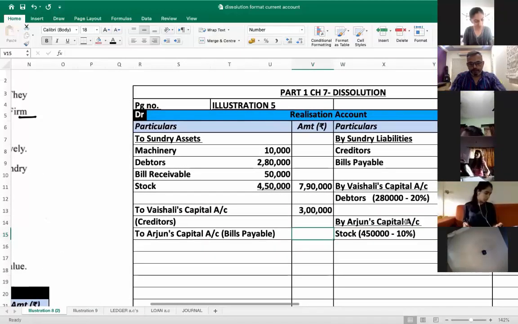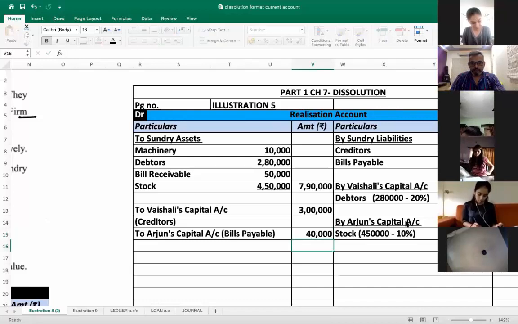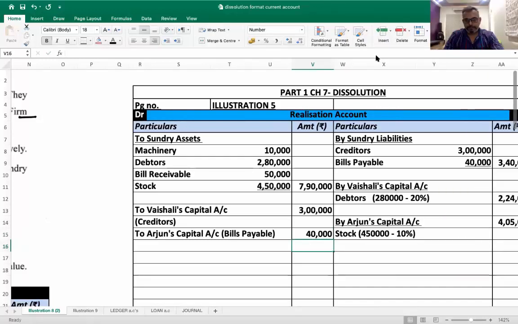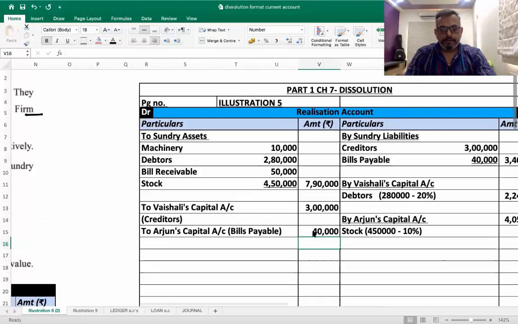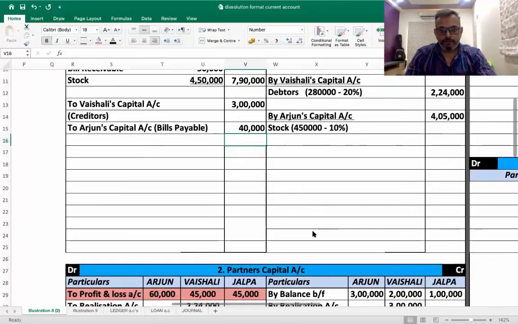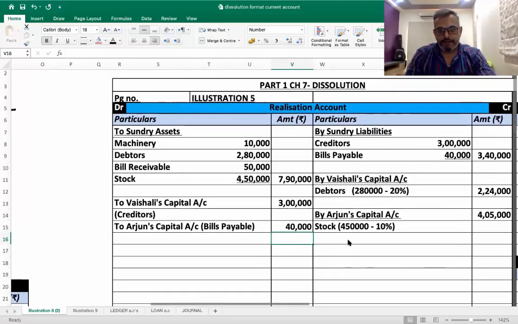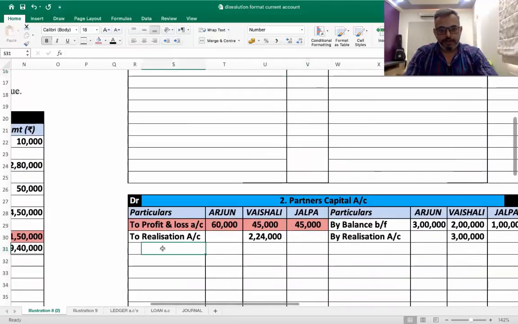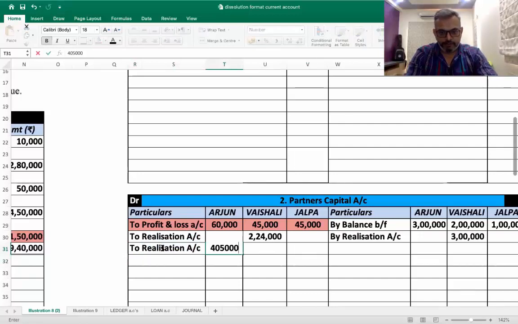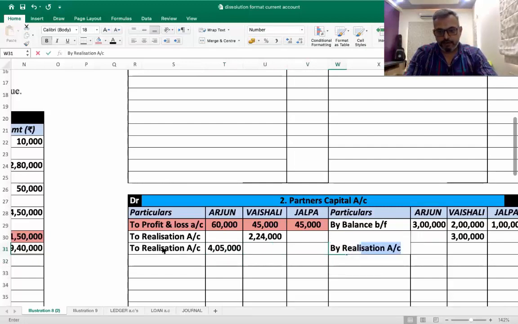Bills payable 40,000, so we write 40,000. Now let's give two effects. Here the entry will be Arjun's capital account debit to realization account credit. So again we write to realization account Arjun 4,05,000 and realization account debit to Arjun's capital account credit for bills payable 40,000.